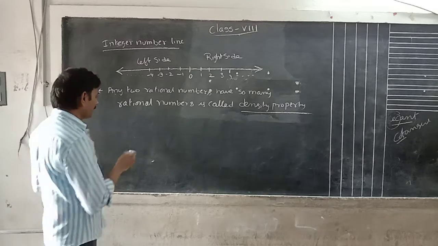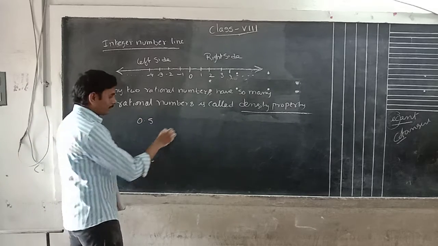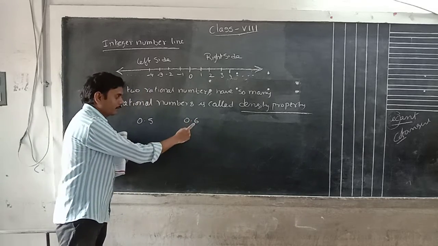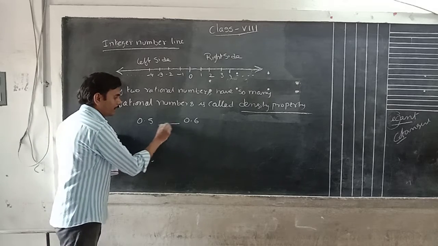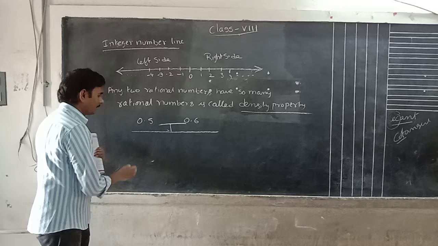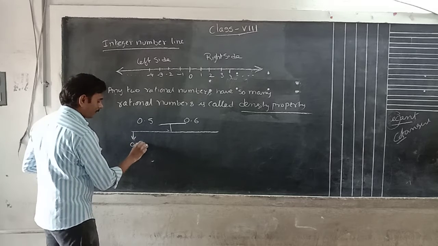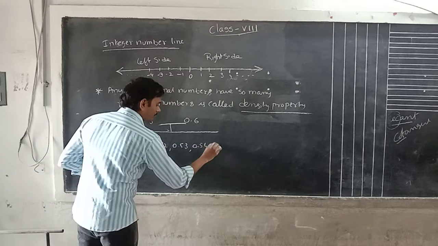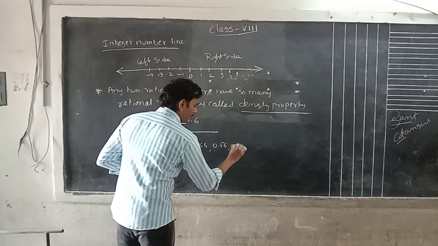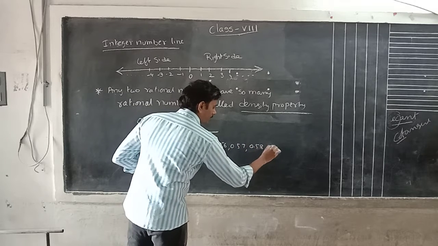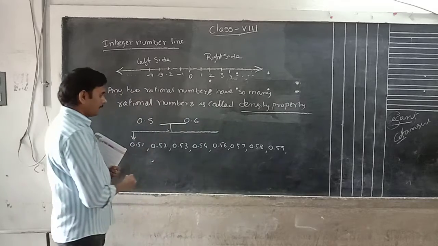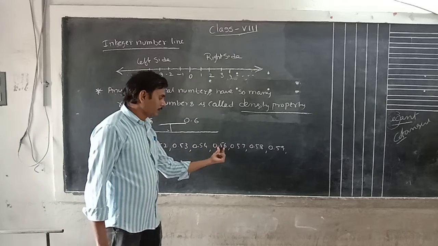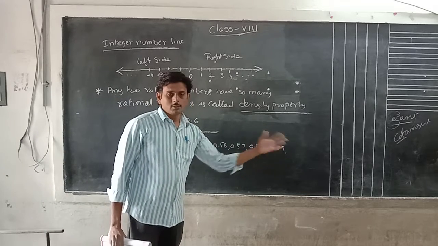Between any two rational numbers we have so many rational numbers, but by just writing them we can't understand properly. If you write 0.5 and 0.6 here, there are so many numbers between these. We can write 0.51, 0.52, 0.53, 0.54, 0.56, 0.57, 0.58, 0.59.